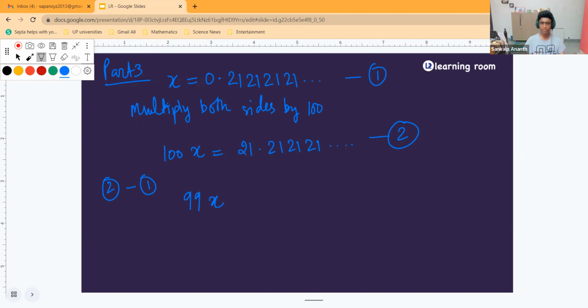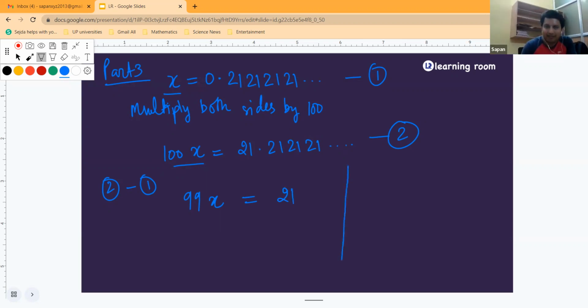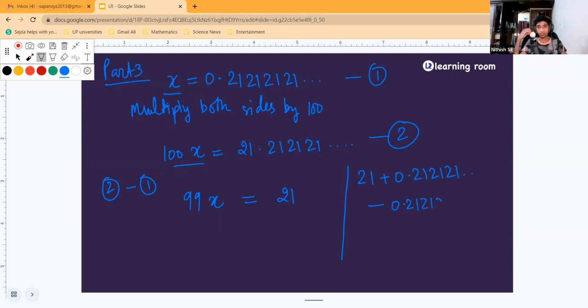21.2121 can be written as 21 plus 0.2121. I'm subtracting 0.212121, so 21 will only be there.